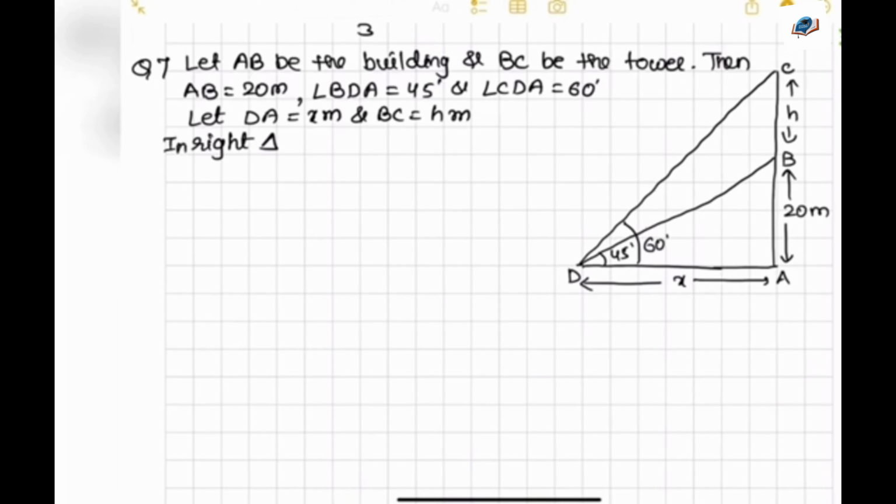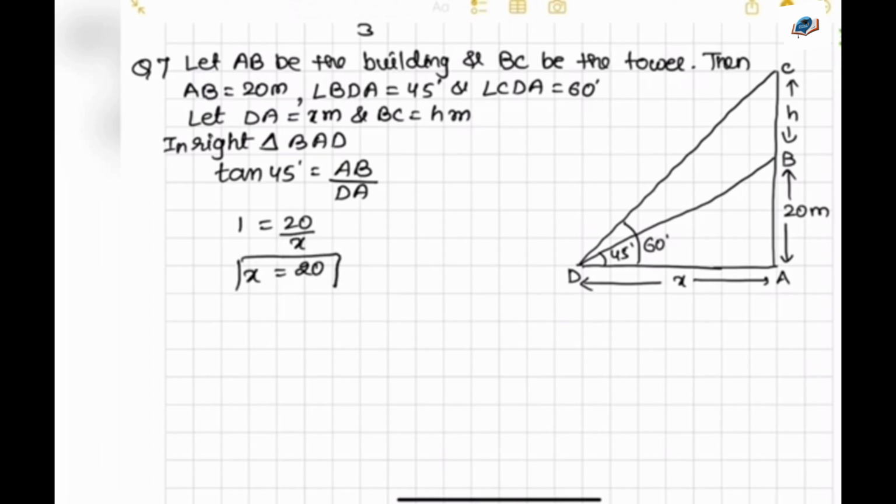So in right triangle BAD, tan 45 will be AB upon DA. So 1 equal to 20 upon x. So x will be 20.